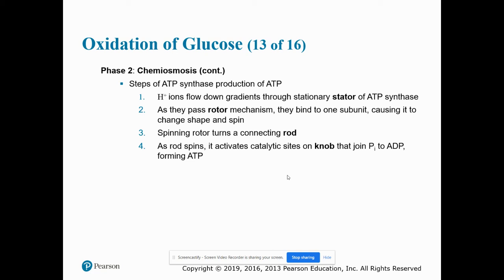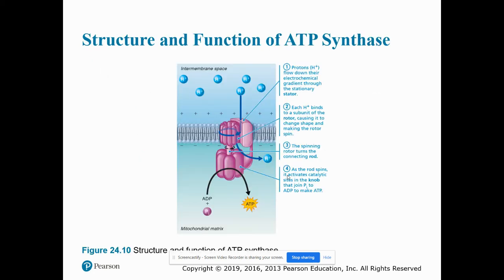I did not ask questions about specifics for chemiosmosis on the exam. But I'm going to go over this again. Protons are going to flow down their electrochemical gradient through the stationary stator.